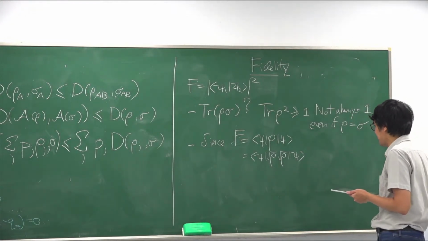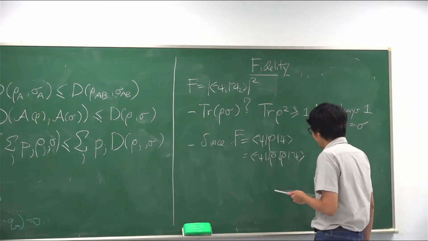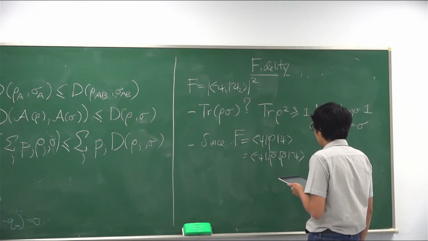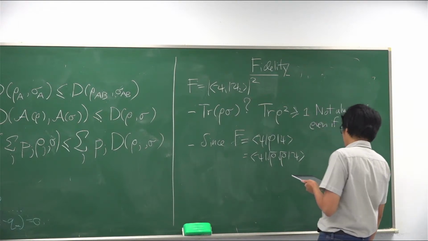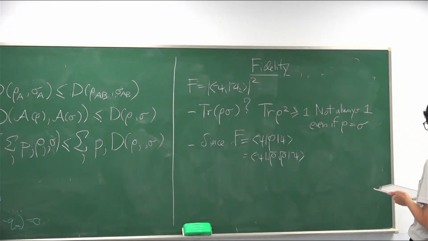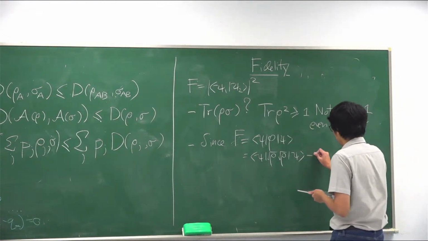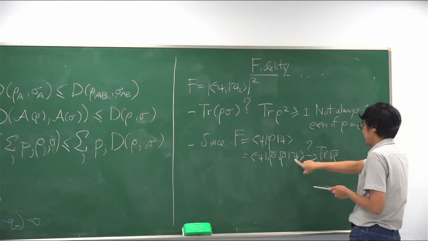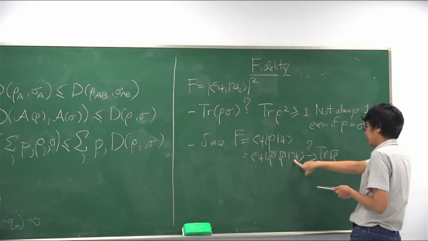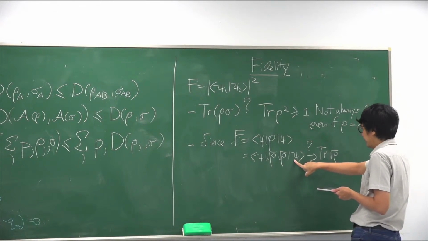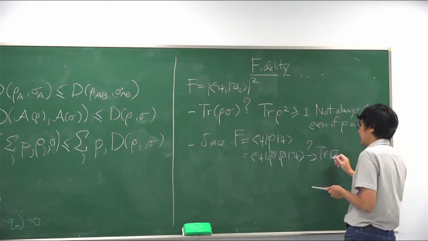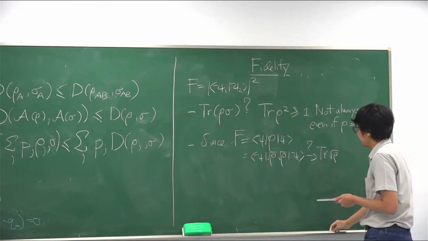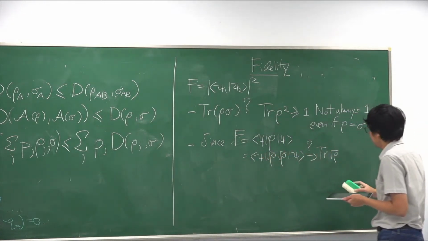Maybe I shouldn't spend too much time on this because it's going to be wrong anyway. Maybe put the trace of rho, and then maybe I think of this as the trace of the square root of sigma. So let's say it is square root of sigma, square root of sigma. Well, I get the same thing. So I don't know where I was going with this.